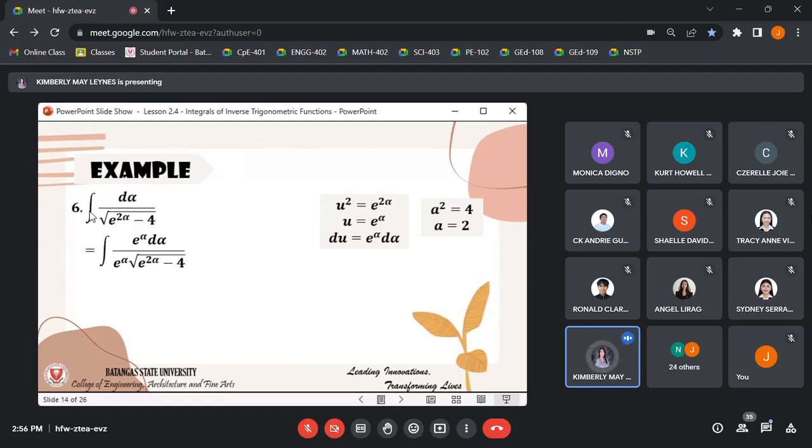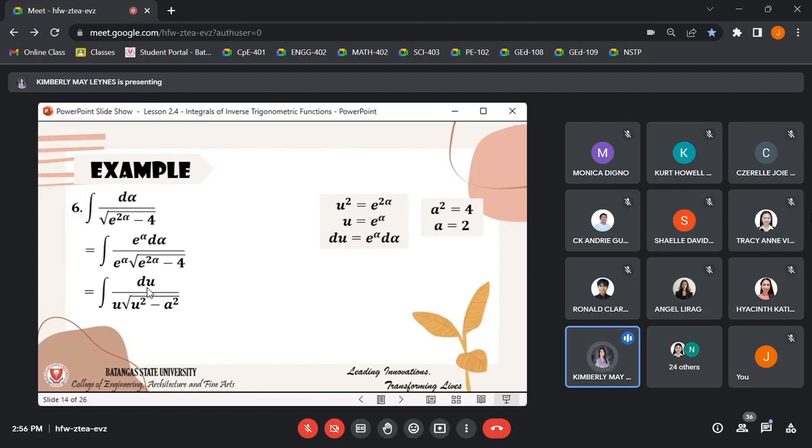So ngayon, masasubstitute na natin sa numerator. Sa e raised to alpha, d alpha sa du. Sa denominator, may e raised to alpha sa numerator. So this will be our u. Then, sa square root naman natin ng e raised to 2 alpha is equal to u squared and 4 is our a squared naman po.